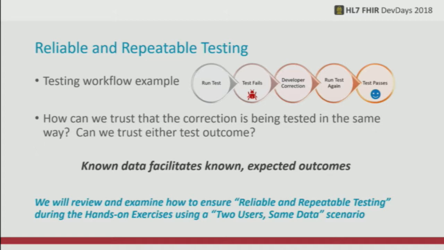The question we have to ask ourselves is whether we can trust that the correction is being tested in the same way, because we don't want to introduce any anomalies in our testing and in the outcomes. One way we ensure that is by using known data, which means we have known expected outcomes.